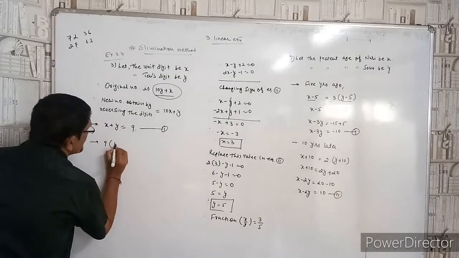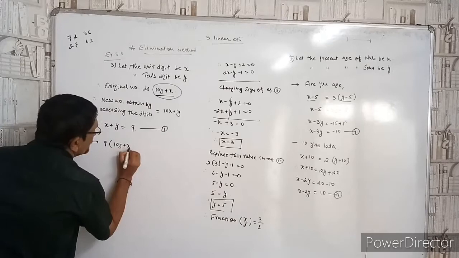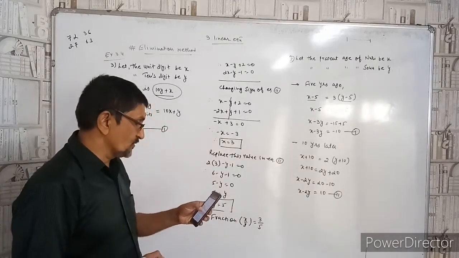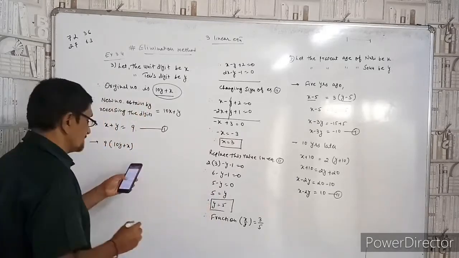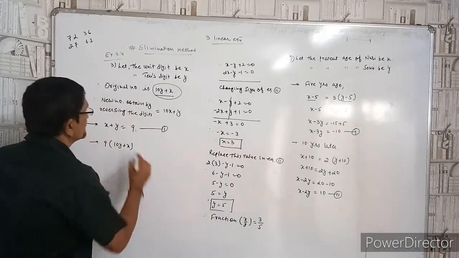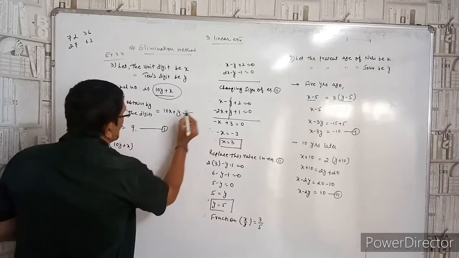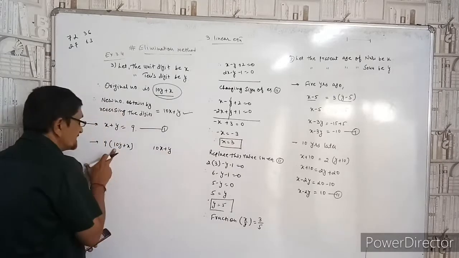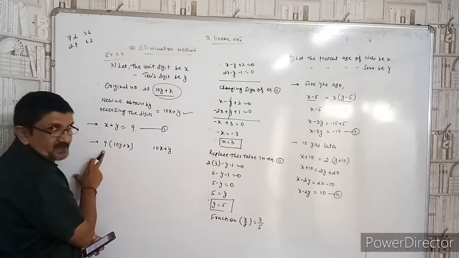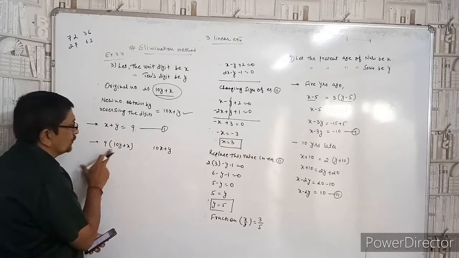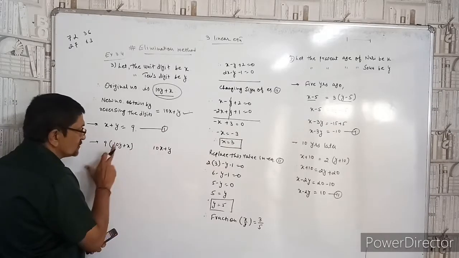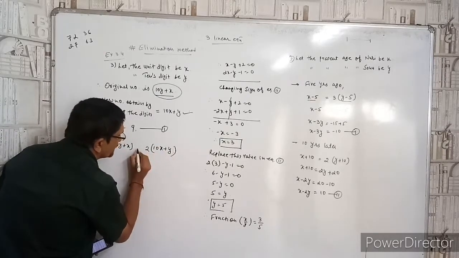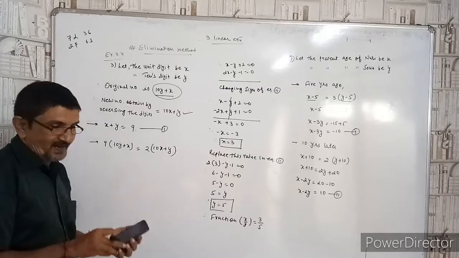So 9 times the original number is twice the number obtained by reversing the order. The reversed number is this one, so just write down here 10x plus y. The original number, if you multiply by 9, is twice the number with reversed digits, which means we have to multiply that by 2. Okay, so this is your second equation.